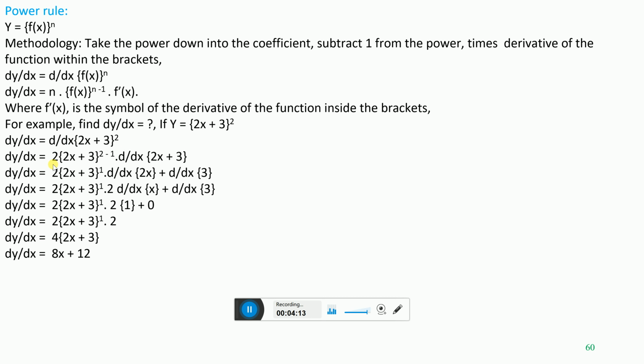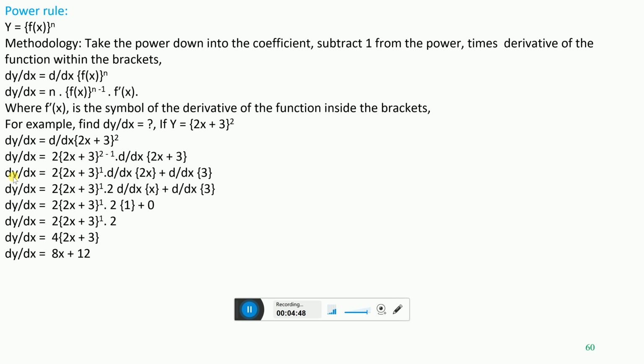I am writing here bracket start 2x plus 3 bracket close 2 minus 1. We will take the power down, subtract 1 from the power, and times I am again taking the derivative of those terms which are inside the bracket. So d over dx is the symbol of the derivative I am applying on the terms within the bracket. So within the brackets we have 2x plus 3. So d over dx of 2x plus 3.